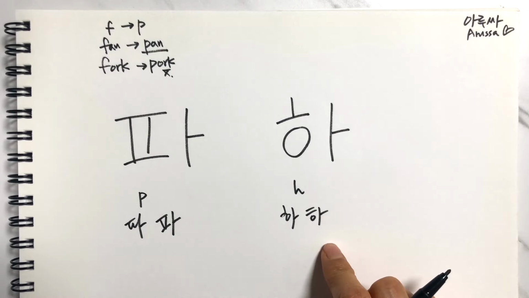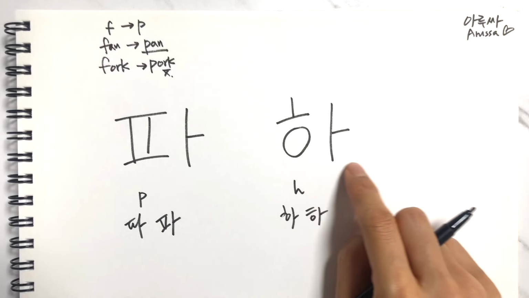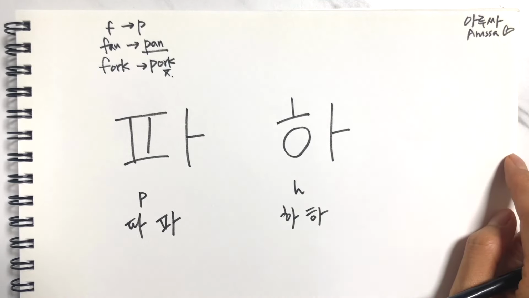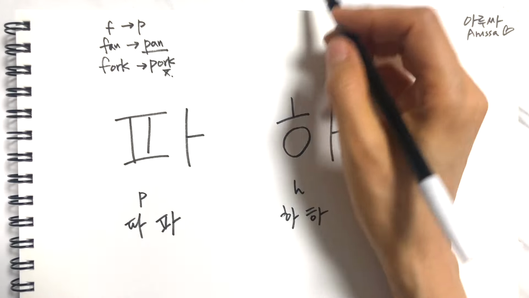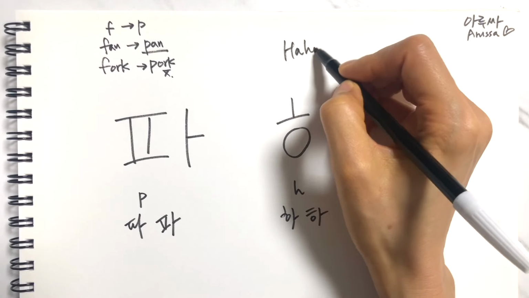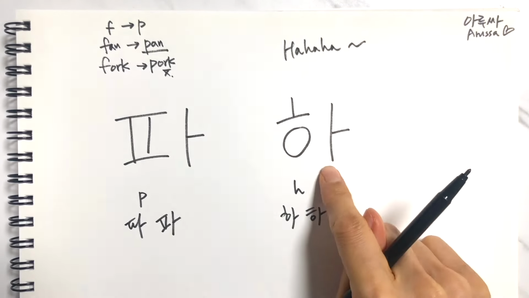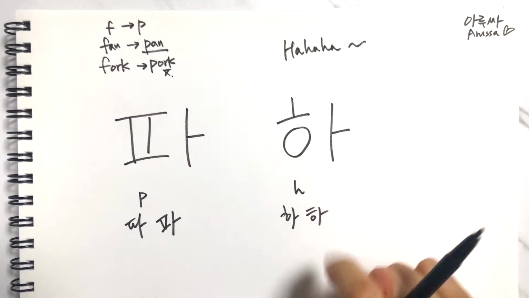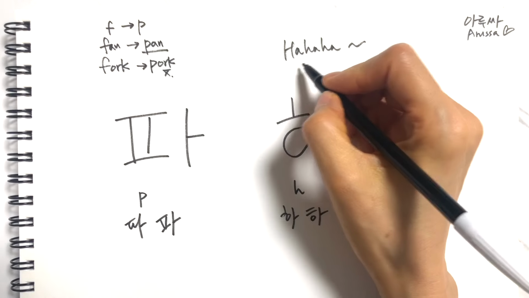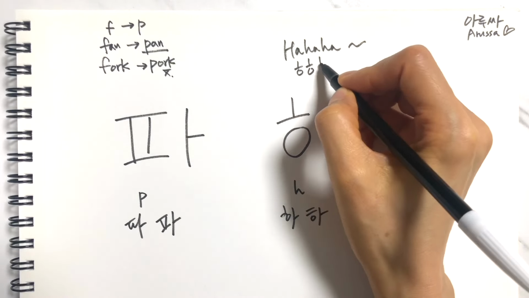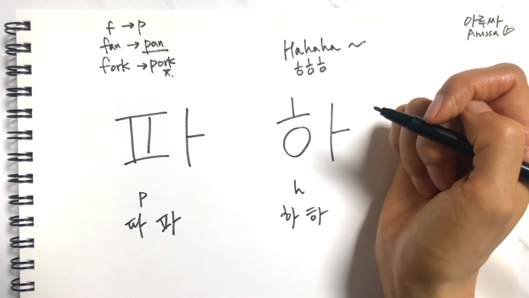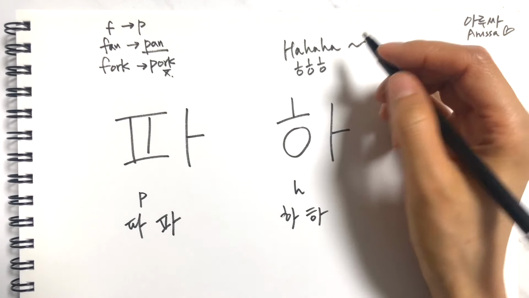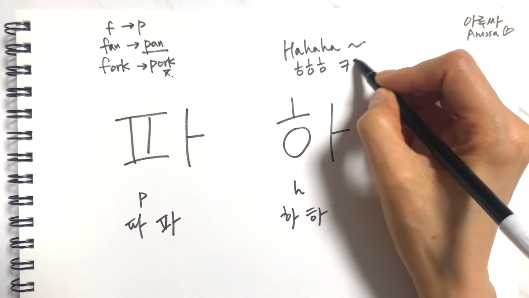When we sigh, we make this sound ha, ha, and ha ha ha. Yeah, ha ha ha. We write this word, but when you text, you just put ha ha ha. Oh, earlier we learned ka, kia, right? K, which is a laughing sound.